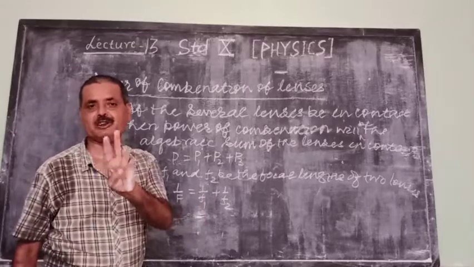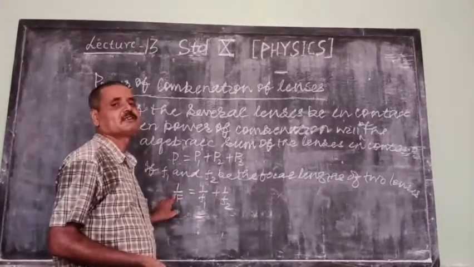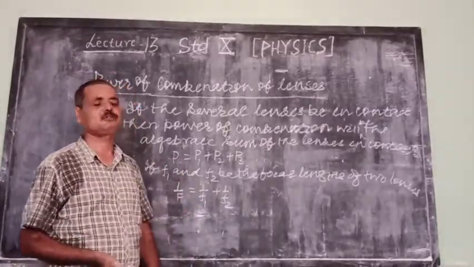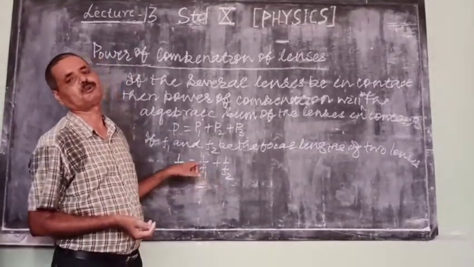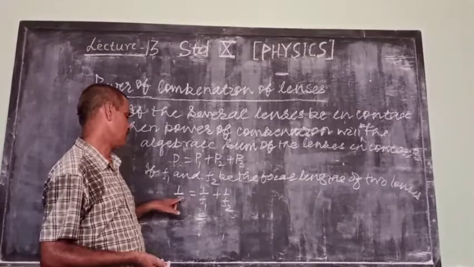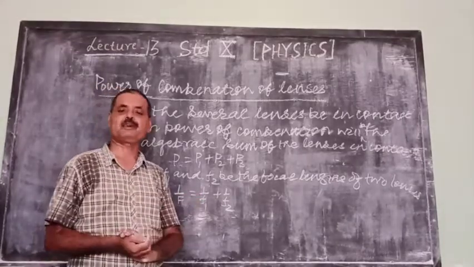If two lenses be in contact, then capital F, that is the equivalent focal length, is given by 1 by F is equal to 1 by F1 plus 1 by F2.